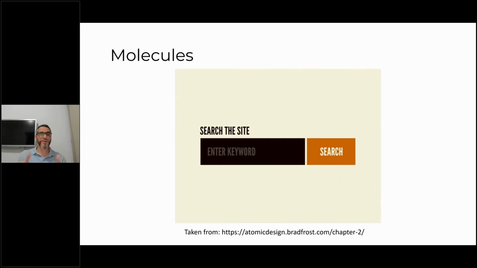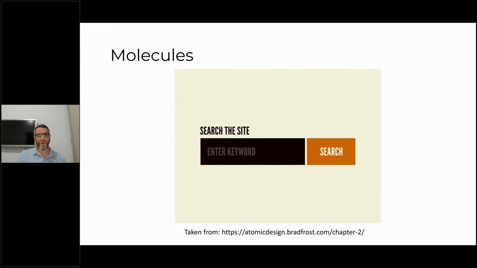For example, if we're looking at this screen, you have a label called search the site, an input to type some characters, and of course a button. When you press this button, you're going to do a search in the site. That means that I created a molecule for site searching.